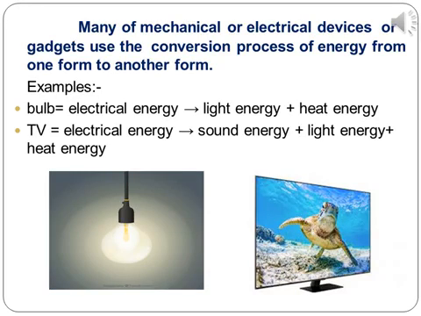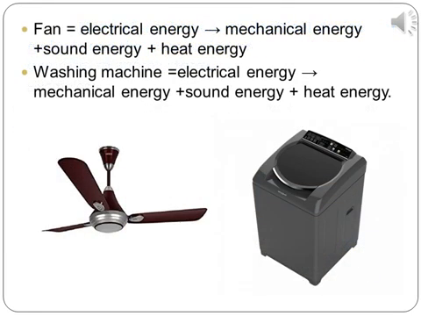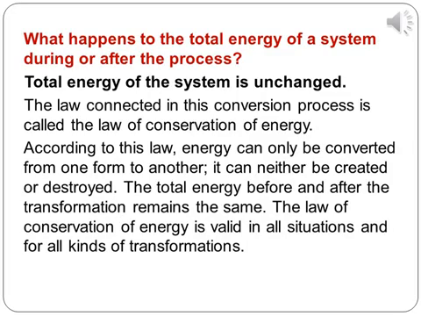When a TV is running, it uses the electrical energy and converts it into sound energy, light energy, and heat energy. In the working of electrical devices such as fan, washing machine, etc., they use the electrical energy and convert it into mechanical energy, sound energy, and heat energy.